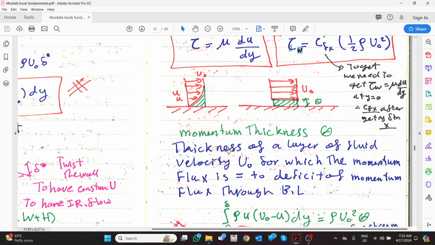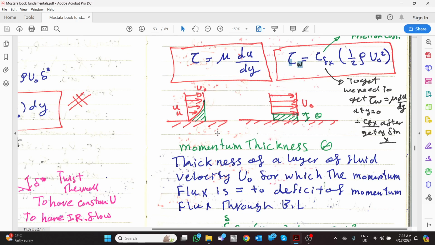What is this? Imagine you have this actual flow. Here the velocity is equal to a number, and here it is 0.